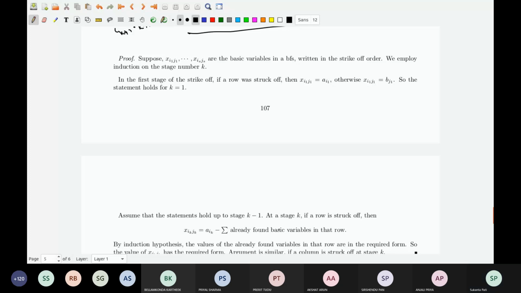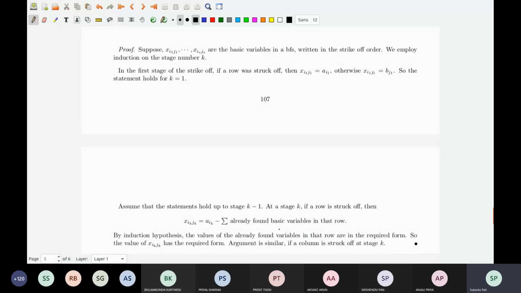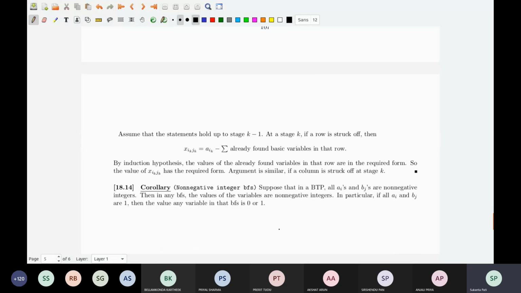So that is what it says, non-negative integer BFS. If all ai, bj are non-negative integers, then in any BFS, the values of the variables are non-negative integers. In particular, if all ai, bj are 1, then the value of any variable in that BFS is 0 or 1.